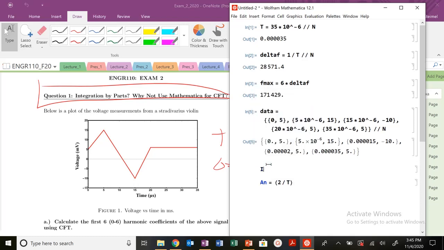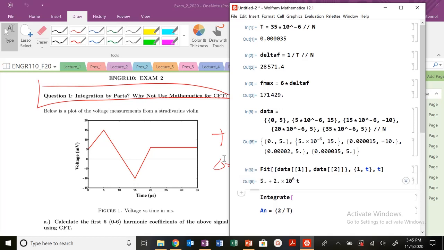So first I actually need to find my y functions. So I'm going to fit this data. I'm going to look at Fit, for example, data 1, data 2, right here, and we're going to fit it as a function of t. So we'll fit that right there.